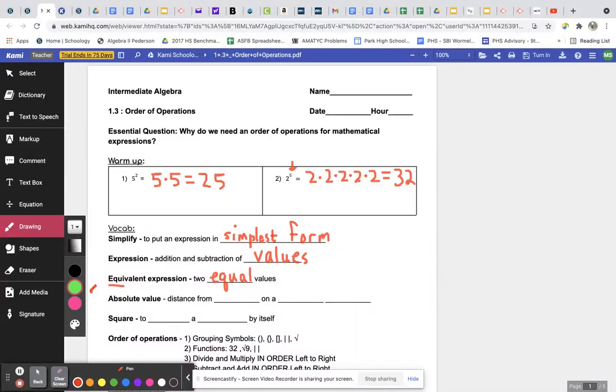Absolute value, sometimes absolute value will have these little brackets around it. And absolute value is the distance from 0. So we'll put 0 on a number line. If you were to draw out a number line, here's the number 0 right in the middle.